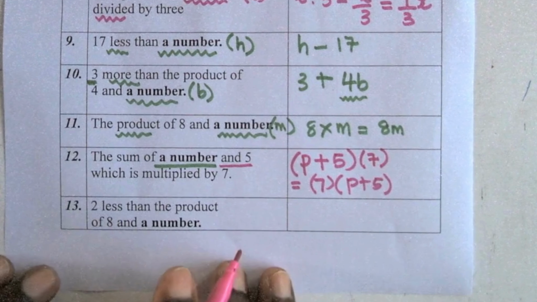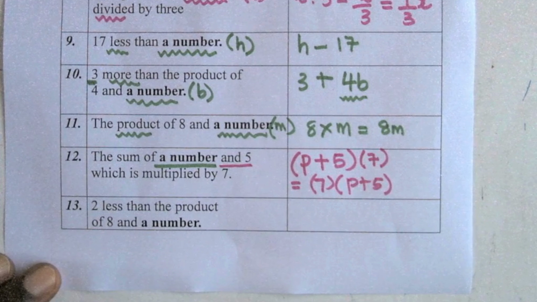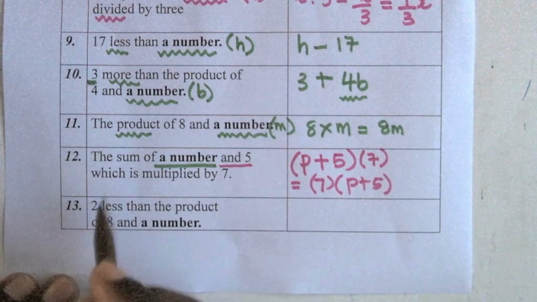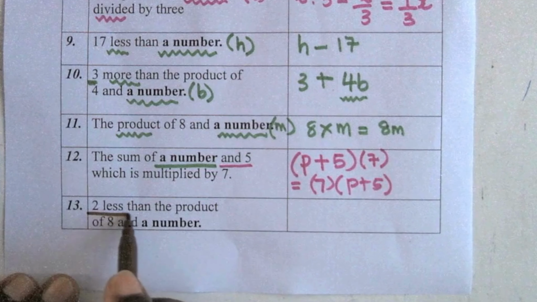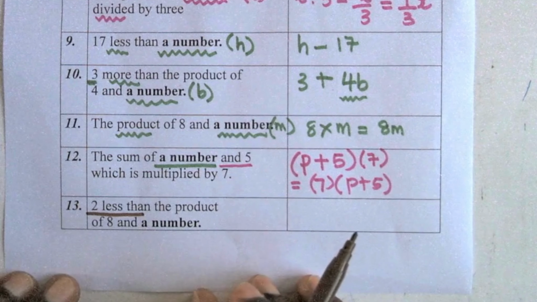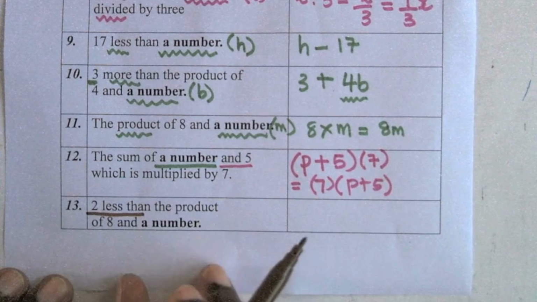And in the last question, it reads 2 less than the product of 8 and a number. Let me repeat again here. 2 less than the product of 8 and a number. So we have to be very careful here. Which part am I going to write first?